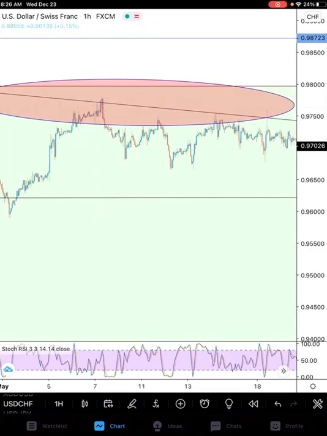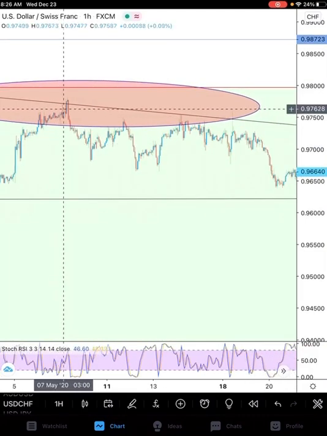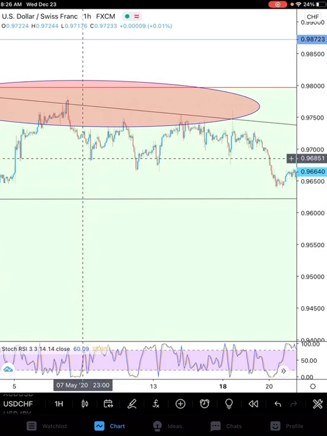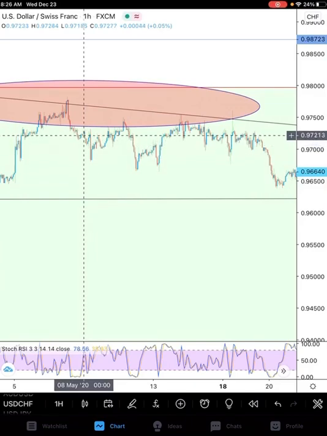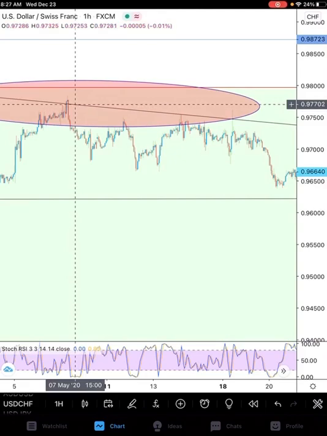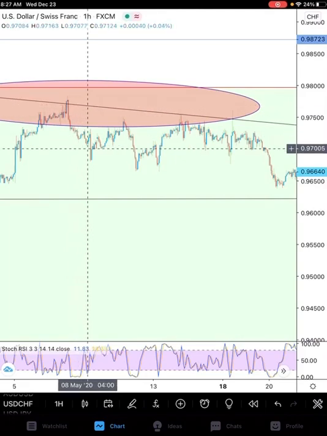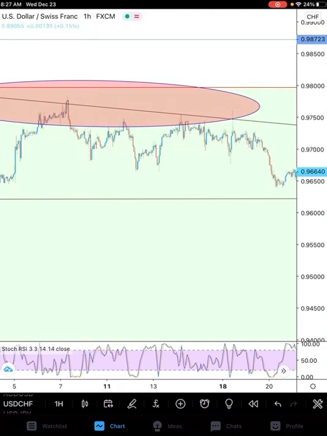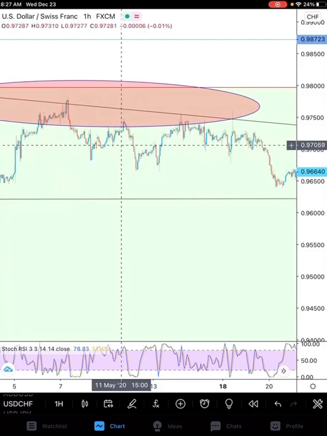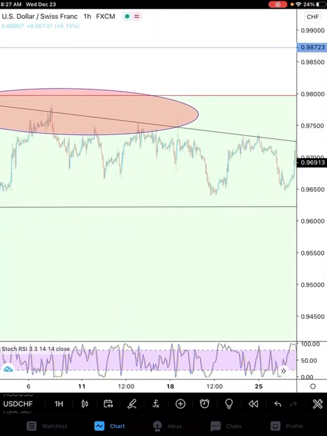Measuring the pips, it's not a whole lot, it looks like. Actually, it's about 80 pips, roughly 70 to 80 pips. So that's not bad at all. And it looks like it just messed around here for a while.